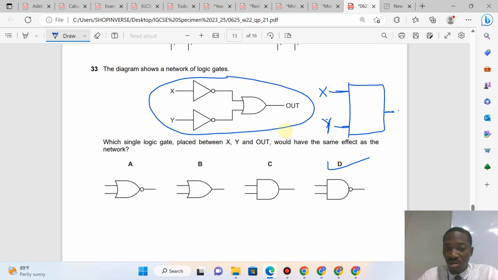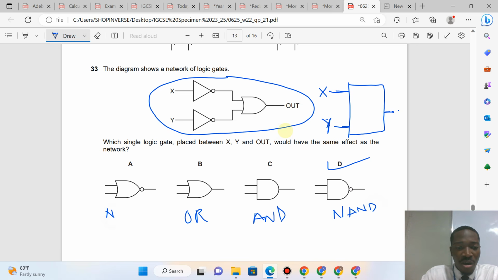For those of you that have not done logic, this is the symbol of an OR gate. This is the symbol of an AND gate. This is the symbol of a NAND gate, NOT AND. This is the symbol of a NOR gate. This is the symbol of a NOT gate, it means not.